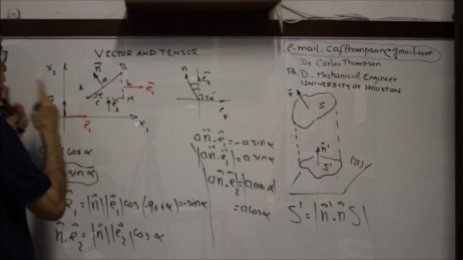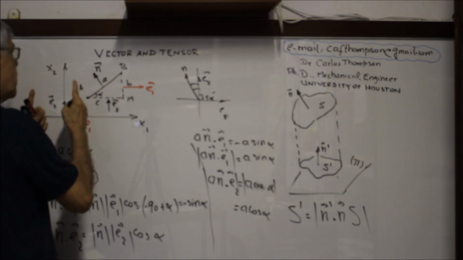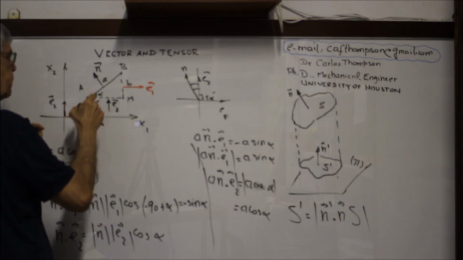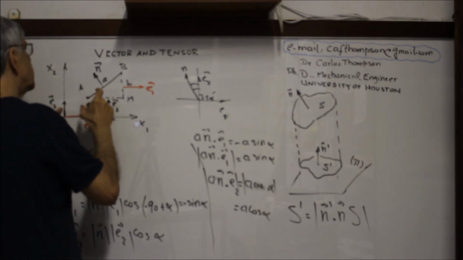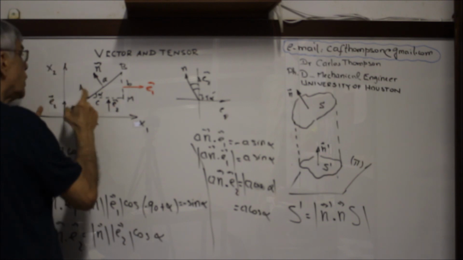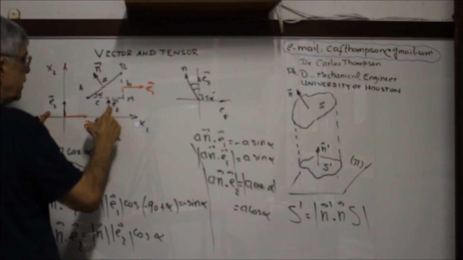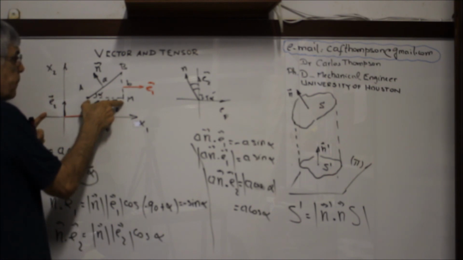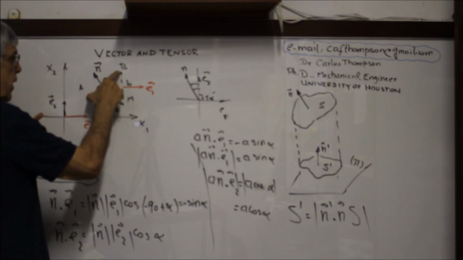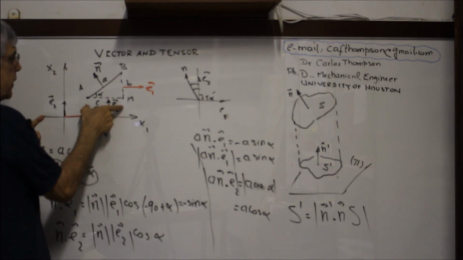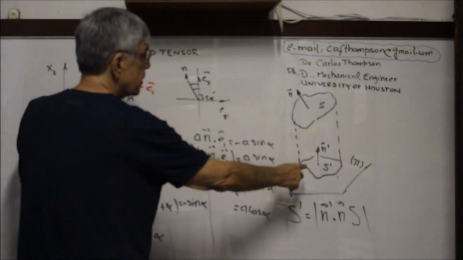So if I take the scalar multiplication, the dot product between n and E2, I will get the projection of AB in this direction. That's exactly what's here.